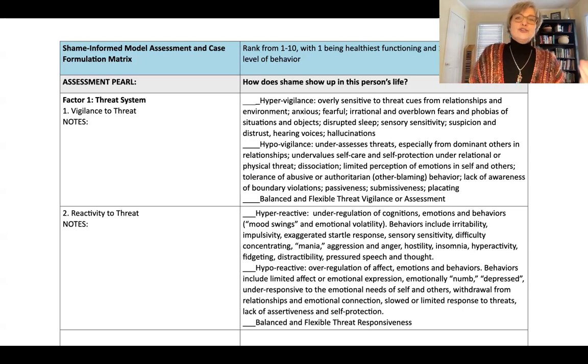Because if we know shame is the cause, then we know that compassion-based interventions are the solution. Compassion is the antidote to shame. It really is. Love is the antidote to disconnection, right?